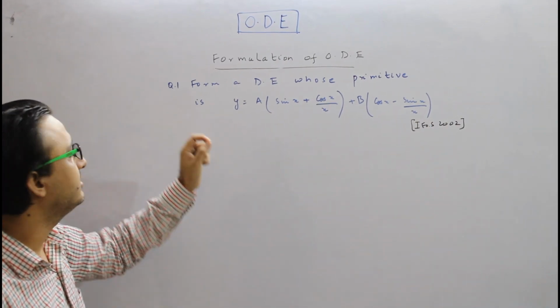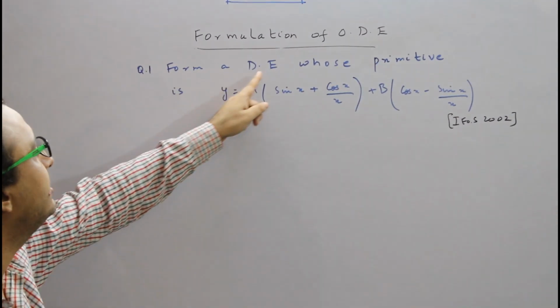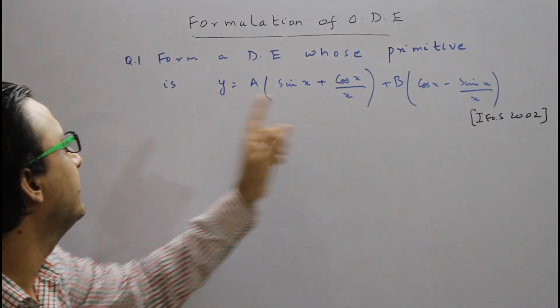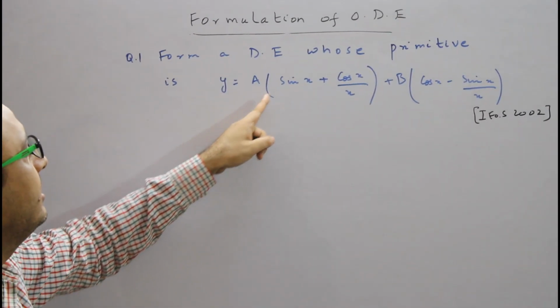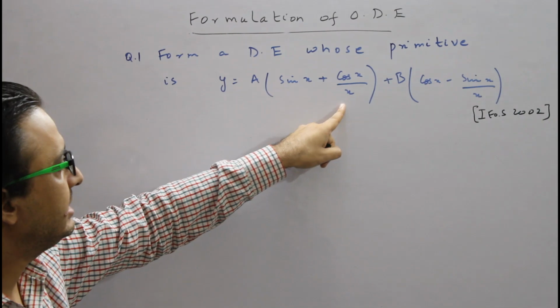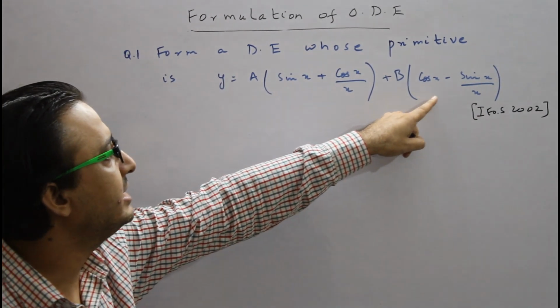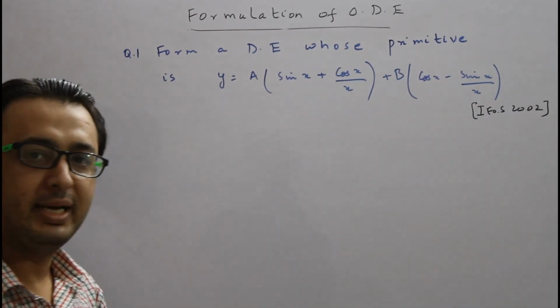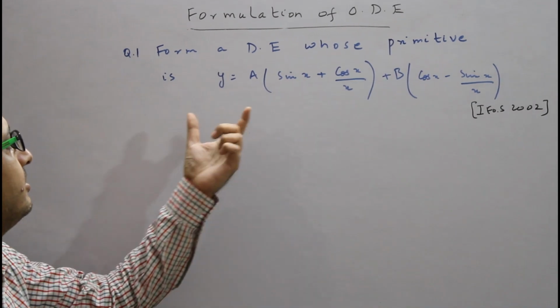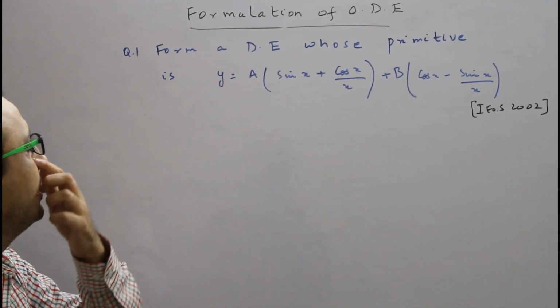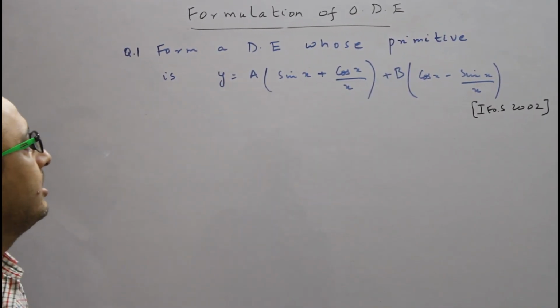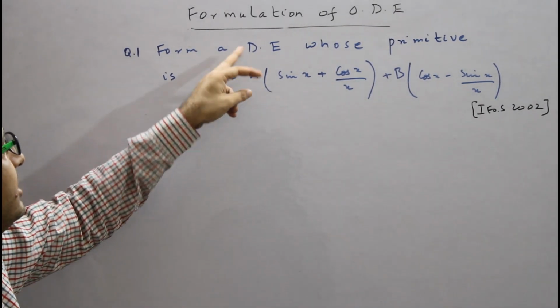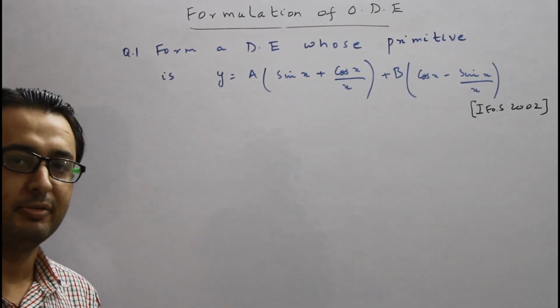Here the question says that we have to form a differential equation whose primitive is y = a (sin x + cos x)/x + b (cos x − sin x)/x. So here we are given the solution of this equation, and from this we have to find the differential equation.